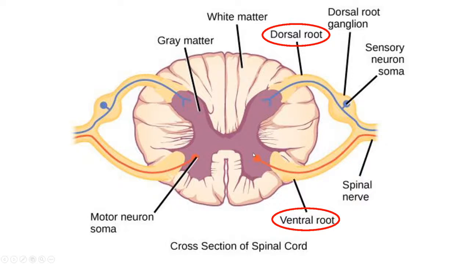Now, it also has synaptic knobs that are in contact with the dendrites of the motor neuron. And that's going to, again, result in excitatory postsynaptic potentials that increase the charge of the membrane here.